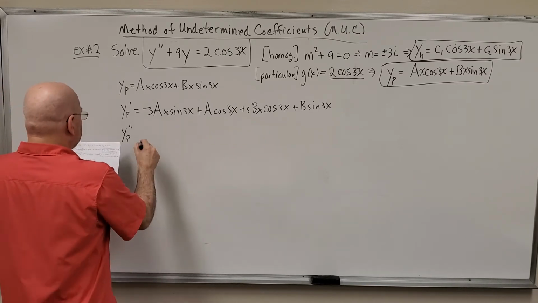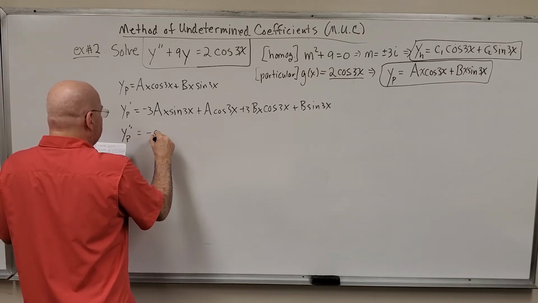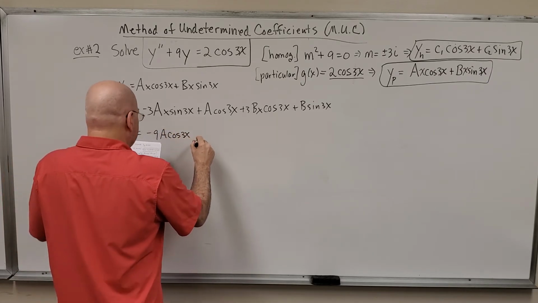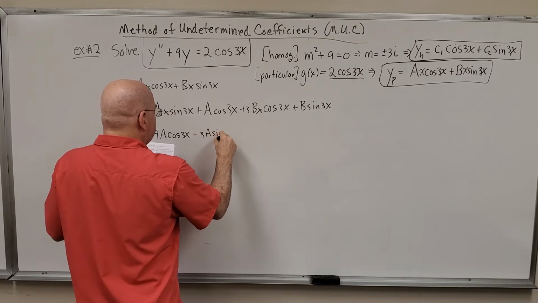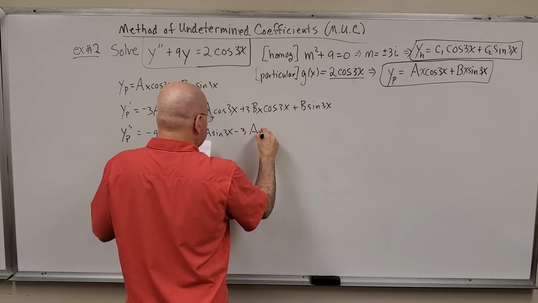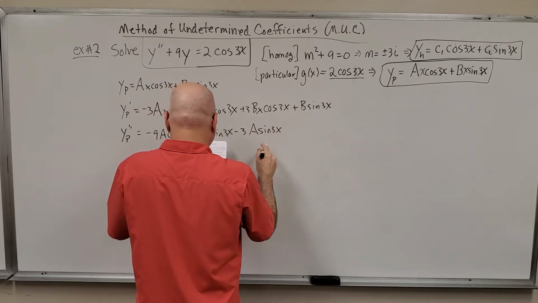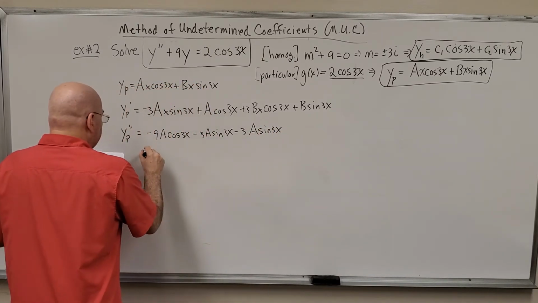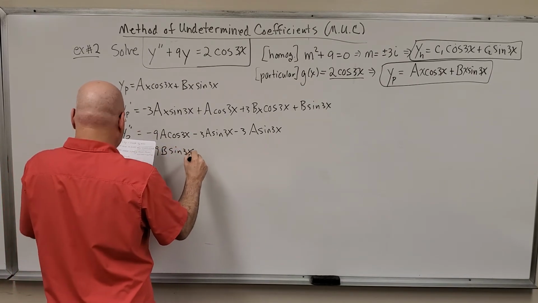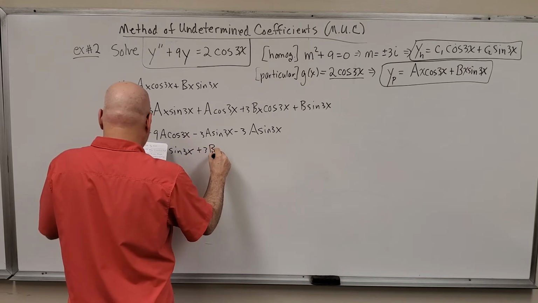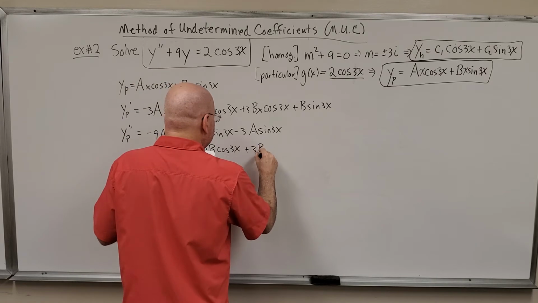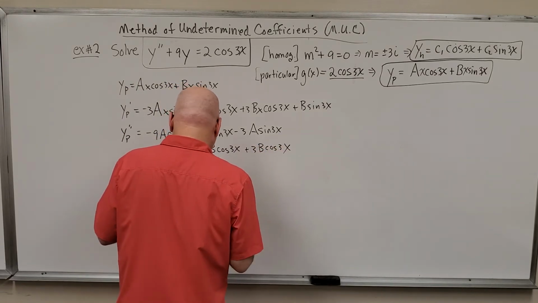And the second derivative is equal to negative 9A cosine 3x minus 3A sine 3x minus 3A sine 3x again, minus 9B sine 3x plus 3B cos 3x plus 3B cos 3x.